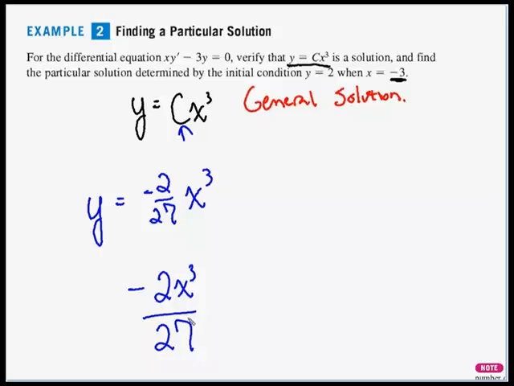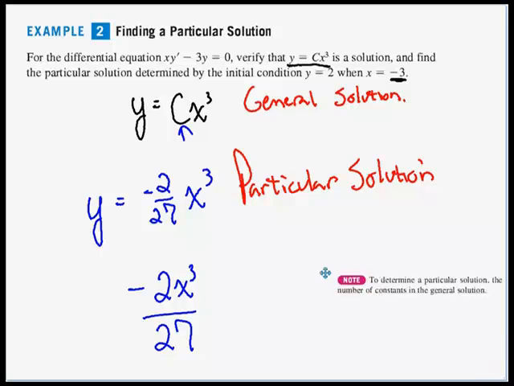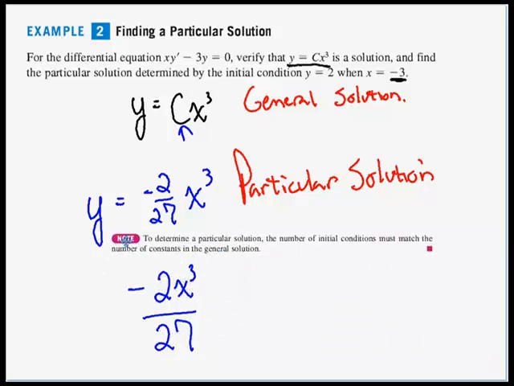Yeah, that's it. -2/27 x to the third is the particular solution. A little note here: to determine a particular solution, the number of initial conditions must match the number of constants in the general solution.